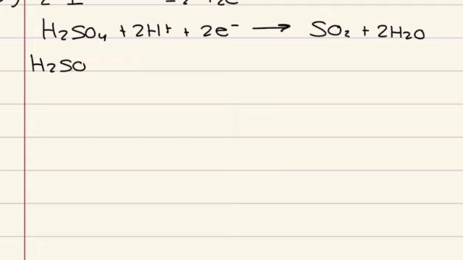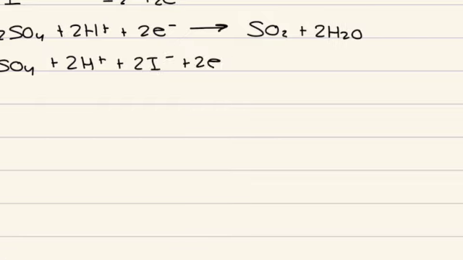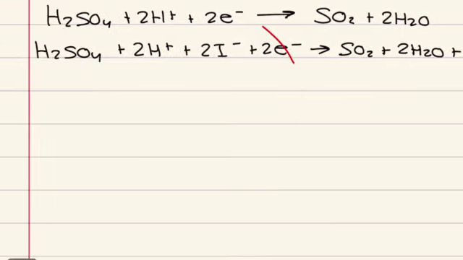So what we'll do: H2SO4 plus 2H plus plus 2I minus plus 2e minus, arrow sulfur dioxide, water, our 2 electrons. So what happens is that the electrons actually cancel out, and these two over here combine, because imagine positive, negative, combining together, attraction and whatnot.